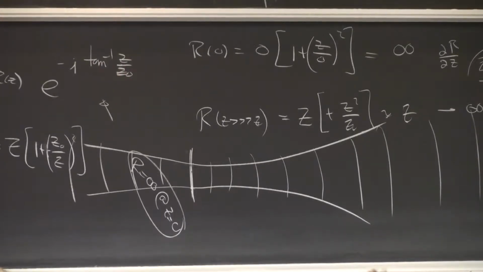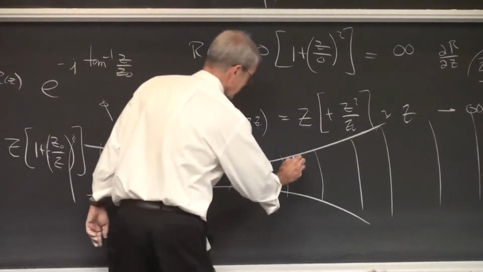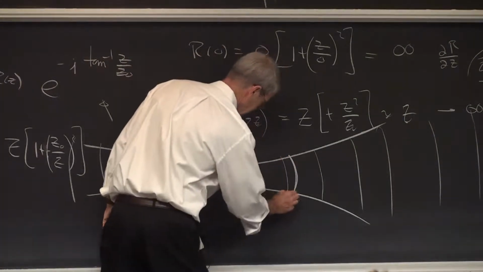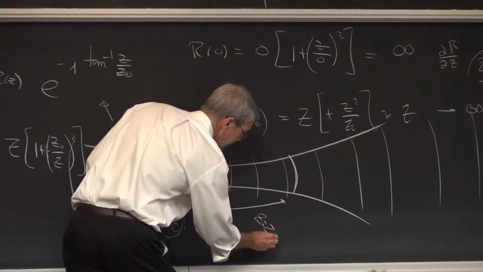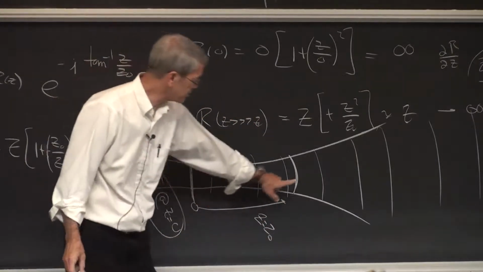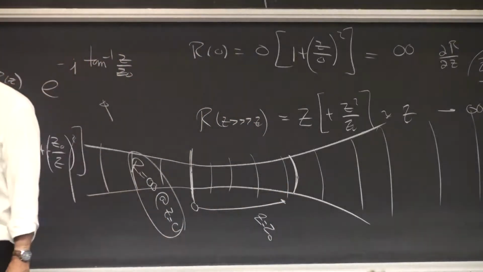So you said the maximum curvature occurs at z equals z naught. Yeah. So let's say this is 0, and z equals z naught. Whatever that distance is, it's the confocal parameter.